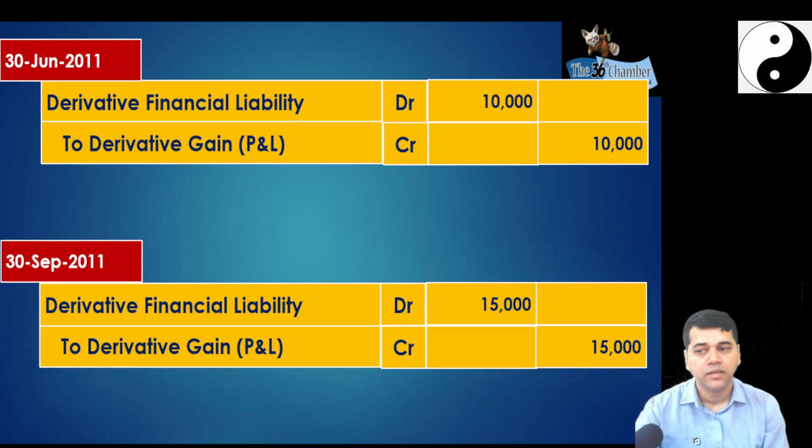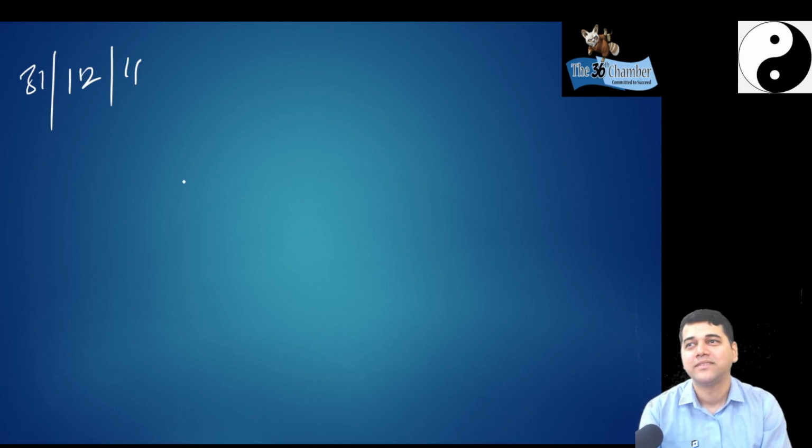Clear? Now tell me, what is my entry on the last day? Okay, I'll proceed further. Yes, on 31st December 11. What do you need to check first? First of all, which contract is this? Written put option.